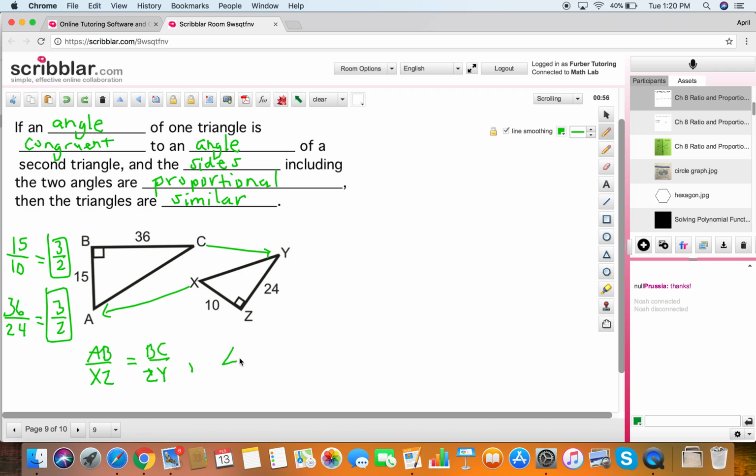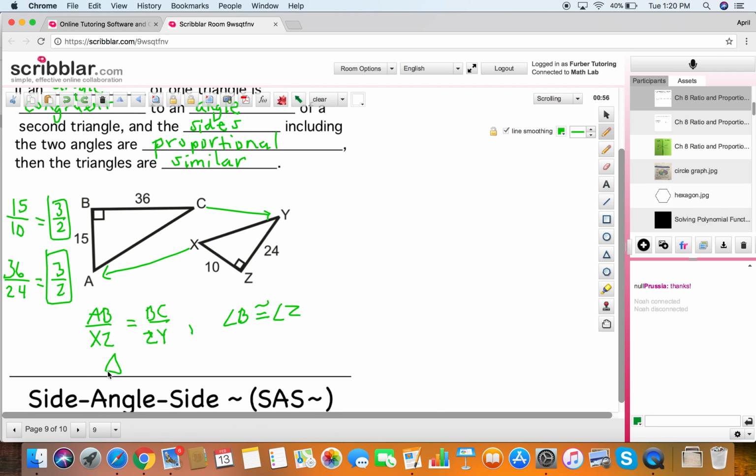And I'm given that angle B is a right angle and angle Z is a right angle, so those are congruent to each other. Therefore, I am able to make the assumption that triangle ABC is similar to triangle, remember I'm doing ABC, that's going to be equal to XZY.